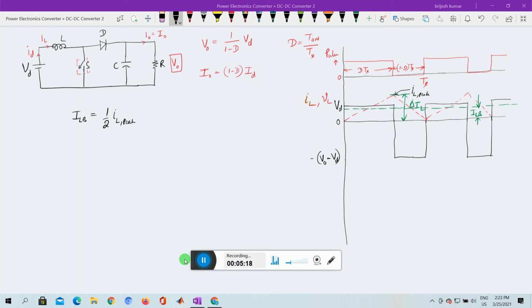We can calculate IL peak using the formula V equals L di by dt.